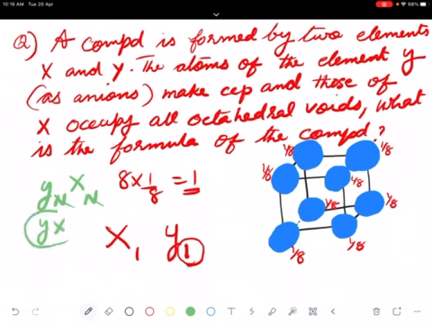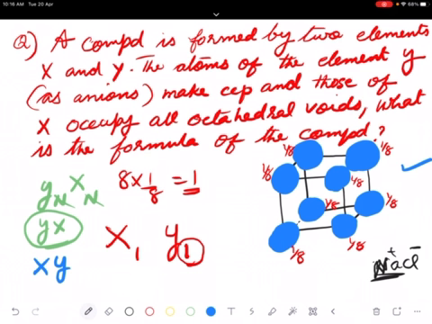We won't write YX because, for example, when you write NaCl, Na plus Cl minus, the cation is to be written first. The small atom, or small ion, that is cation, is to be written first. So we'll be writing X first, then Y. So here you'll be writing XY. Either you can take the unit cell or you can take the total number of atoms.